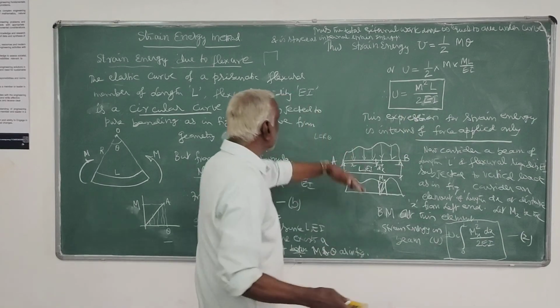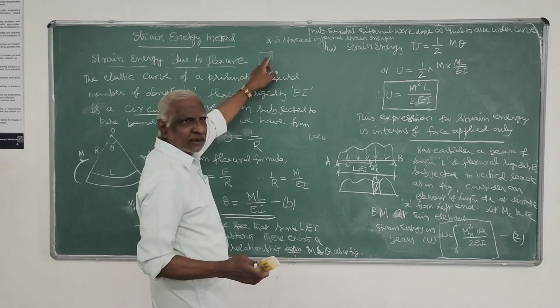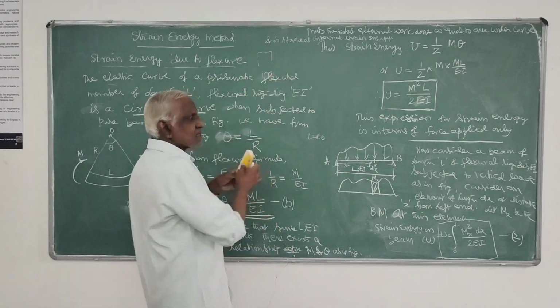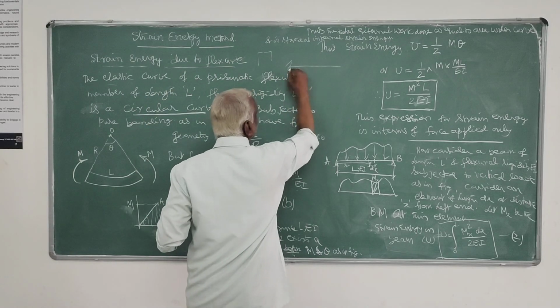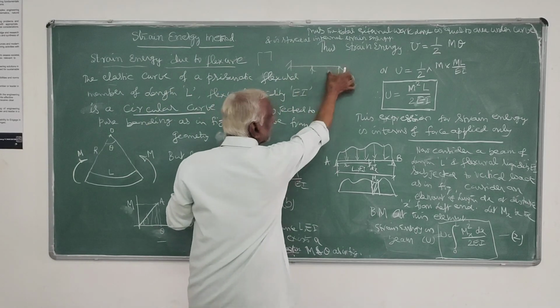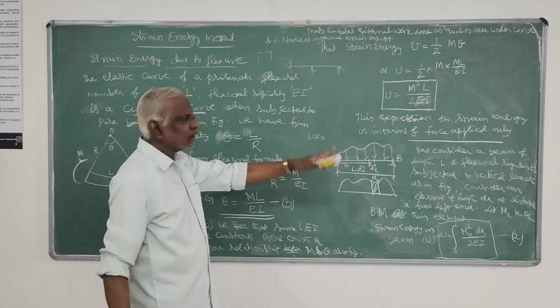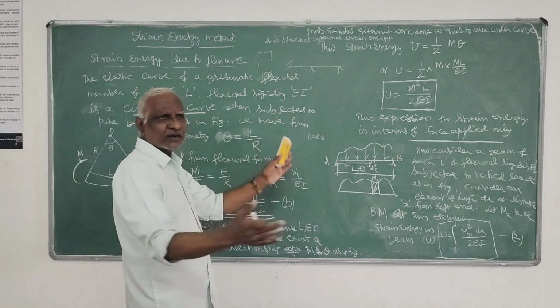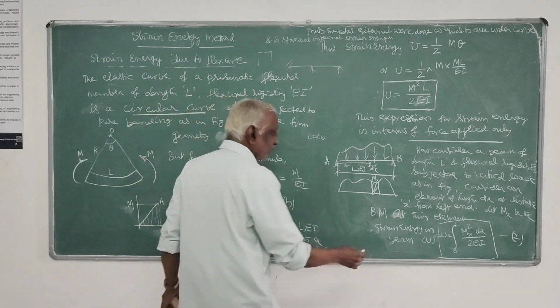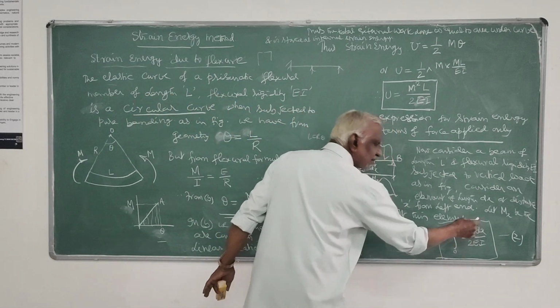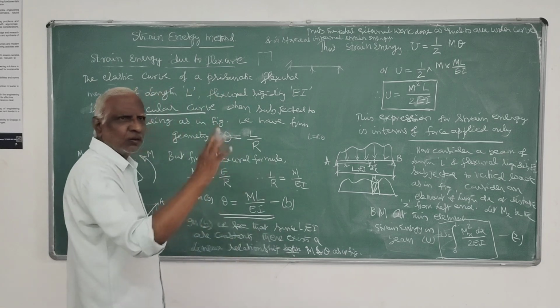If you have a number of elements, suppose you have a frame, here you have 3 elements. Suppose you have a continuous beam, wherein you have a number of beam elements. So in one element, it is like that. If you have a number of elements, you have to add it, so then you have to use a sigma notation, i equal to 1 to n.